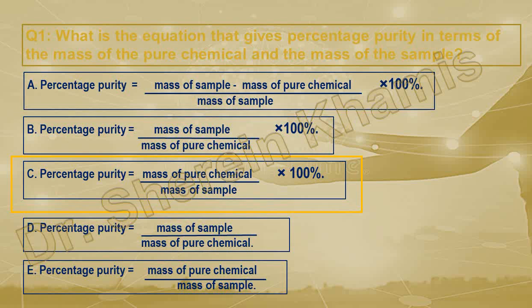So after getting the mass of the sample or the mass of the pure chemical substance, we can get the percentage purity of this substance. Okay, we have our rules, very interesting, and we have different problems that we will solve with them. We are going to question number 2.